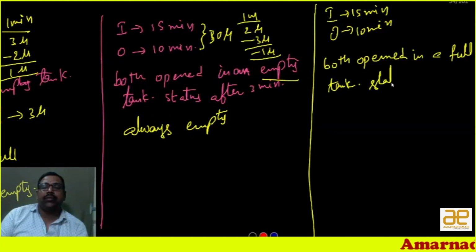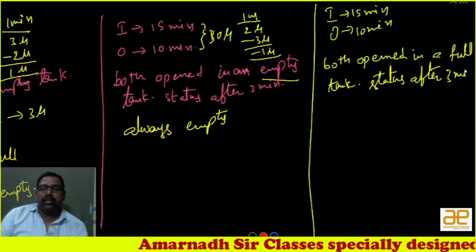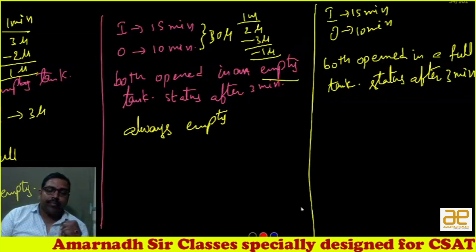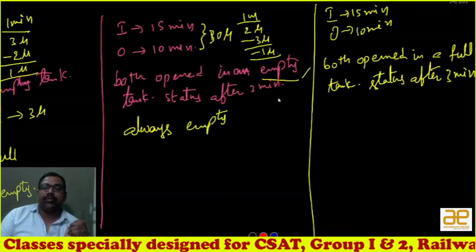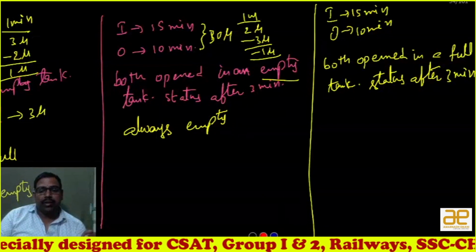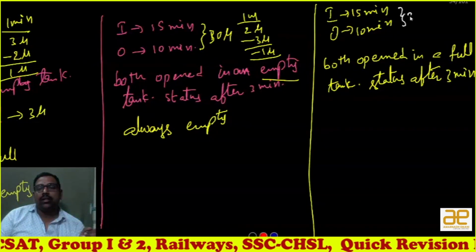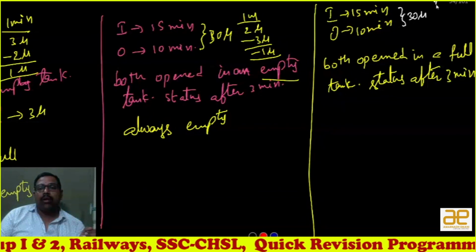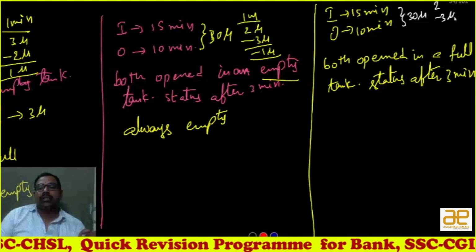Status after 3 minutes. Okay. In this one, as usual, if you take the LCM of 15 and 10, it is 30 units. 1 minute, 2 units. 1 minute, minus 3 units.